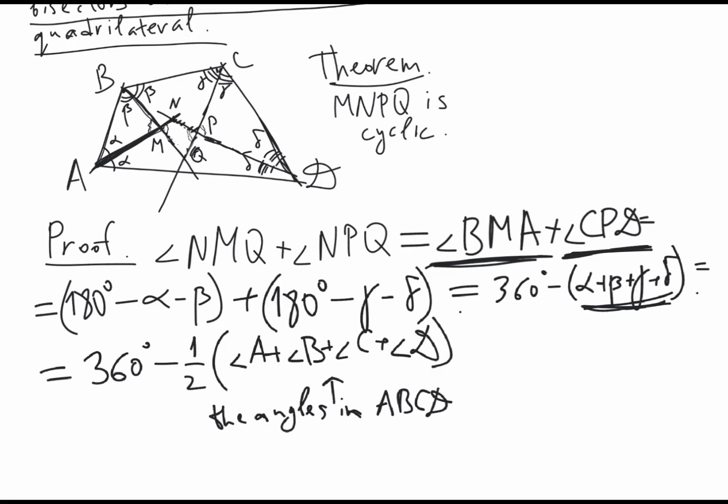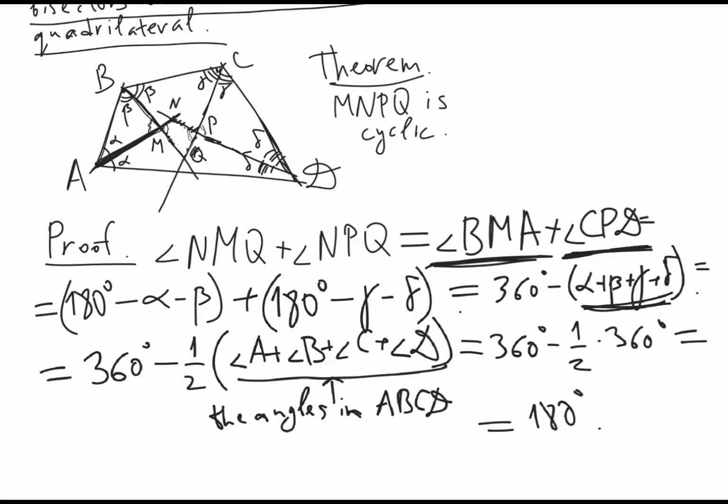This is true for any quadrilateral. Therefore we can calculate this as 360 minus 1/2 of 360, because this sum is equal to 360. And this is equal to 180, of course.